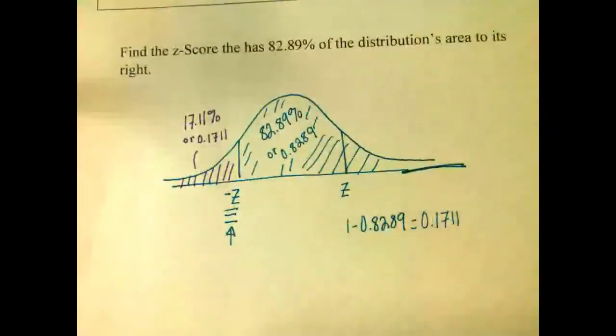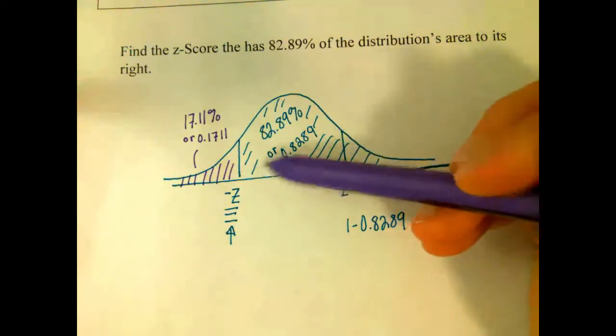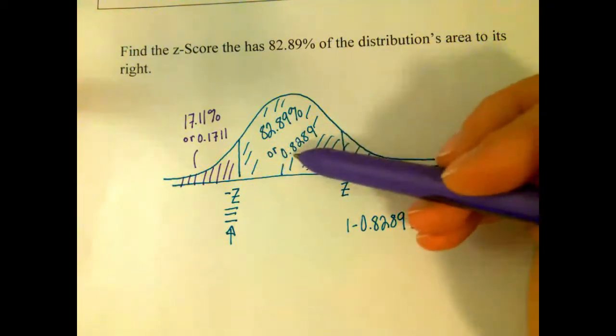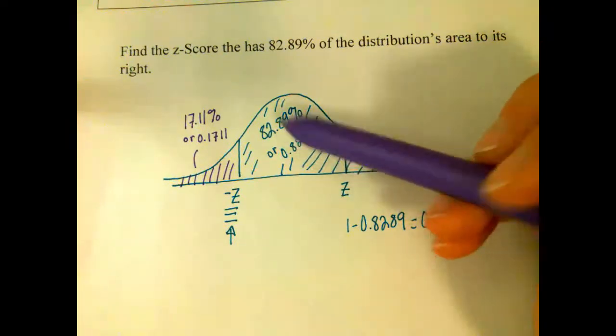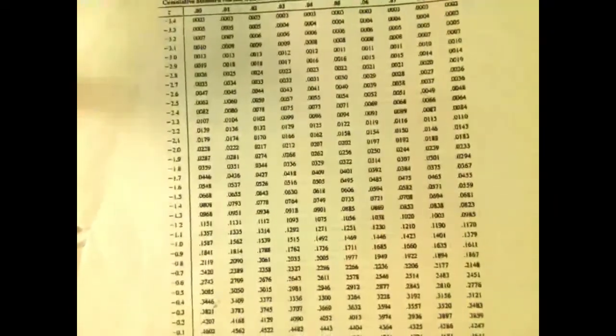So we're not going to use the value 0.8289, because that would give us the z-score with the area below it being 0.8289. But we need the z-score with the area below it being 0.1711. So we are going to look up that area in our z-table. It takes a little bit of searching.